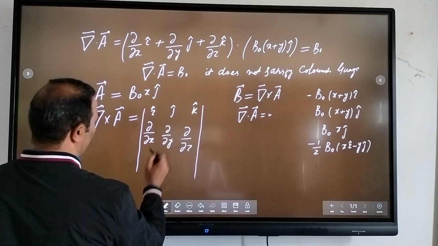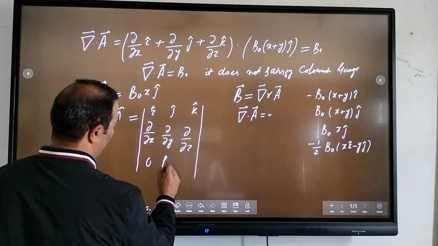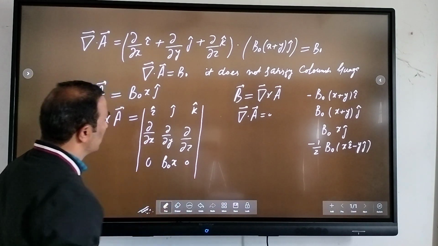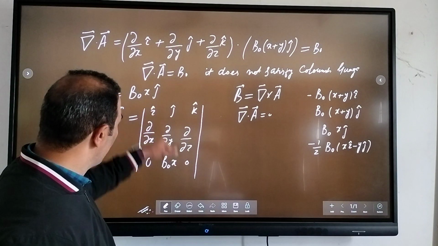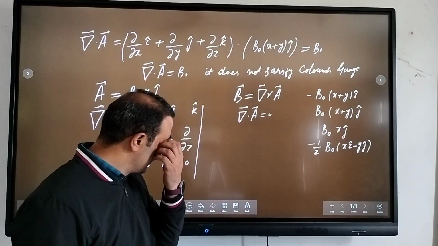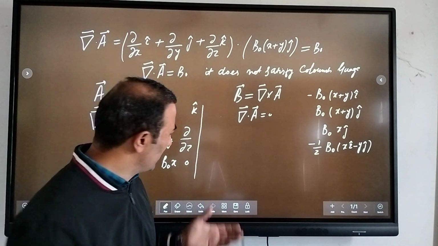Right? And similarly, right, because we have only the jth component यहाँ पे present है, so that's why b naught of x and first and the third, these I and k components will be 0, right? So it's very clear.